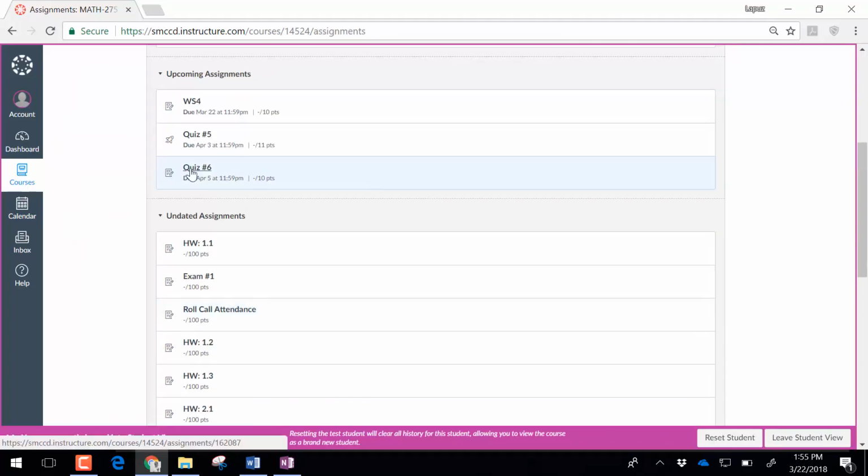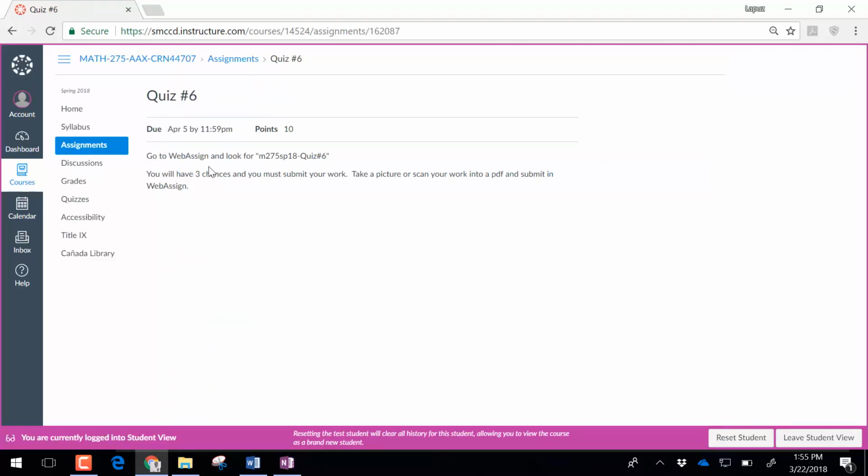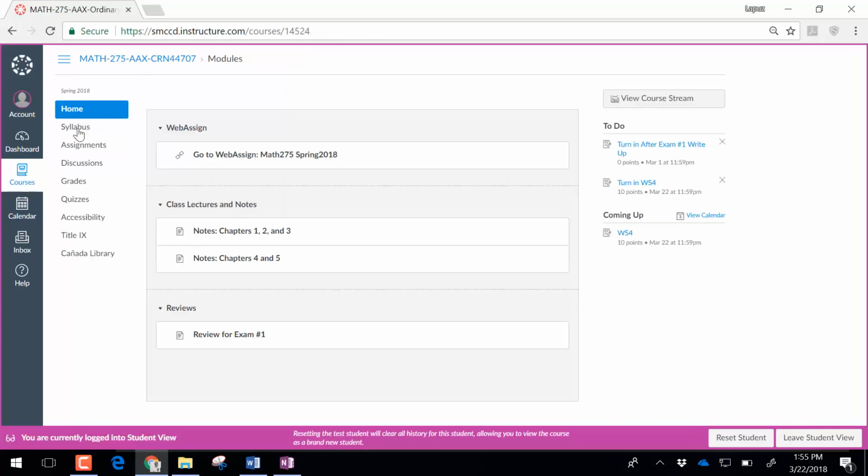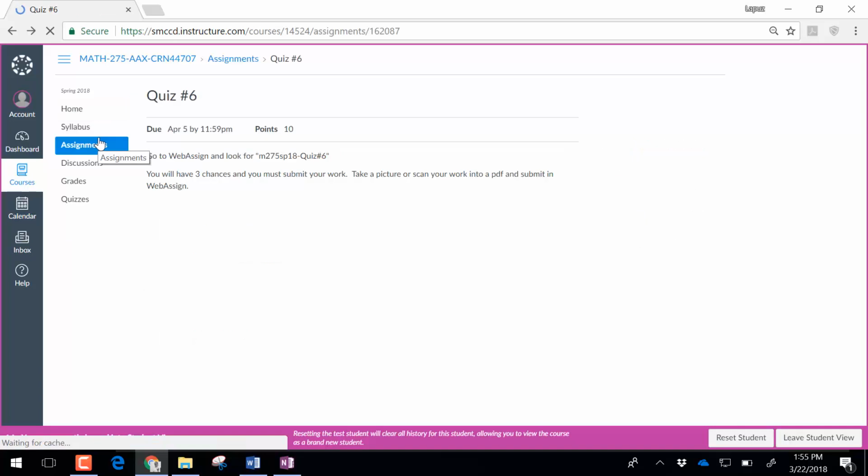The second one says go to WebAssign. So you would have to go to WebAssign. Find the one labeled this, and then you will have 3 chances, and you must submit your work.